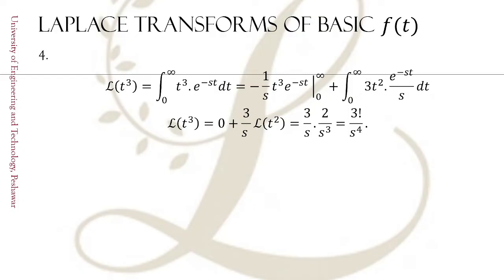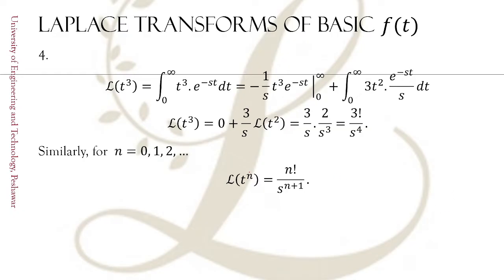Like you would say in a similar way, Laplace of t power 4 will become 4 factorial divided by s power 5. And generalizing this, we can have Laplace of t power n equal to n factorial divided by s power n plus 1.